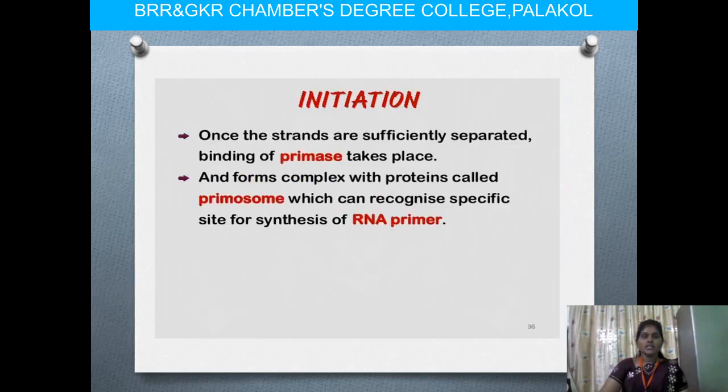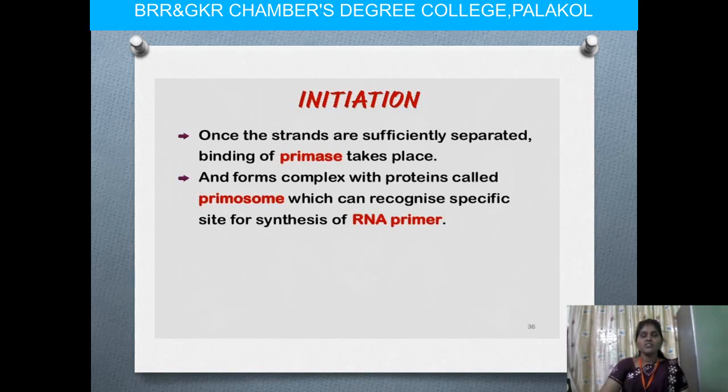The first one is initiation. The initiation starts with the addition of primers. Actually the initiation starts at the ORI site, that is called the origin of replication. Here the binding of the primase takes place.